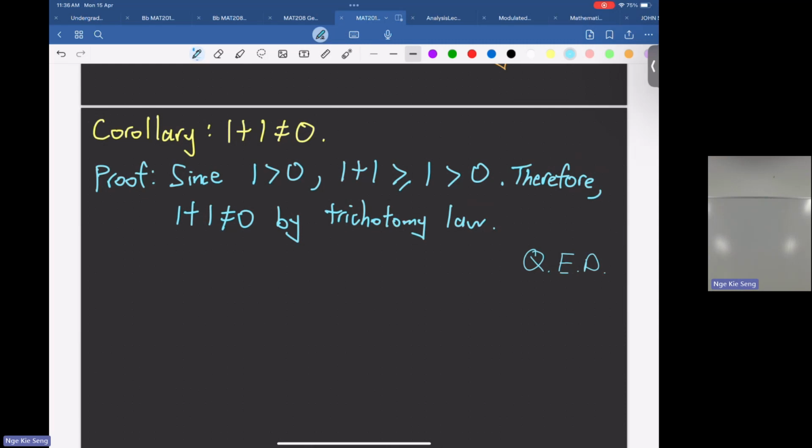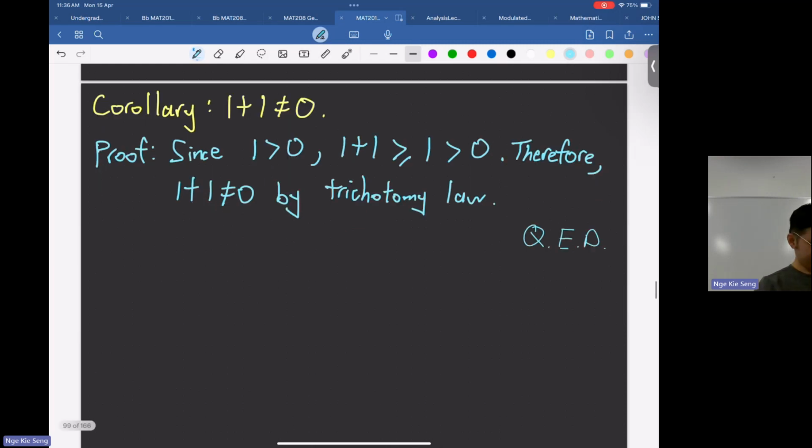So if I take modulo 2, then 2 equals 0. Oh, you mean like 1, 0 as true, false. Sure. Good. So yeah, we got 1 plus 1 is not 0.